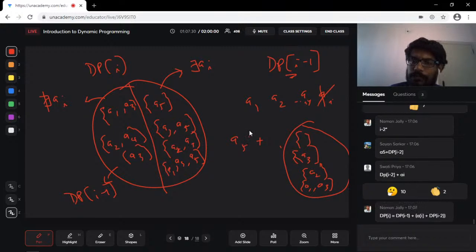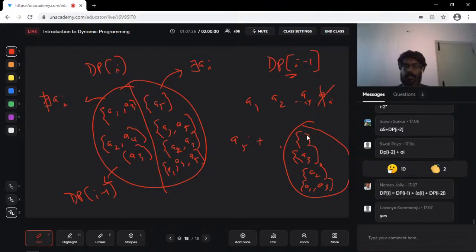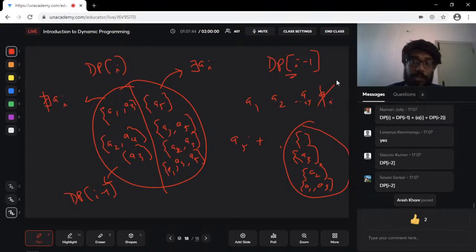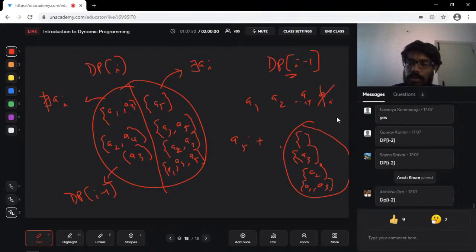Now the question is, what is the maximum sum subset in this new bag? Let's try to do it along the same principles. I had a1, a2, up till a5. a5 was chosen, so I've removed a5. So now this is going to be subsets of a1 to a4. That is subsets of a1 to ai minus 1.